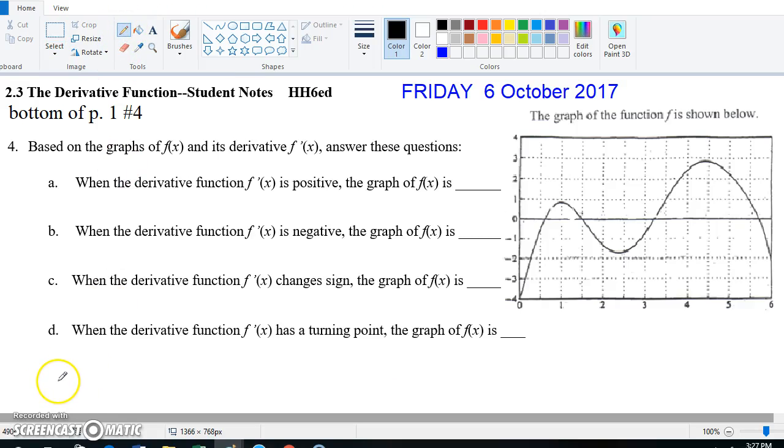In class on Friday, October 6th, we looked at 2.3 notes and wrapped up some key ideas about the slope function graphs. So just really quickly, let's take a look at the bottom of page 1, number 4, based on the function graph and its derivative graph.